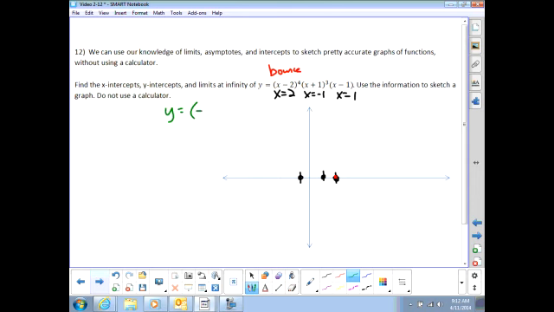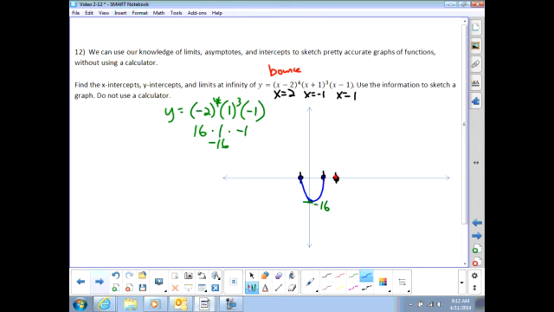When we put in 0 for x, we'll have -2 to the 4th, 1 to the 3rd, and -1. -2 to the 4th will give us 16 times 1 times -1, so we'll get -16 for our y. So we know that we must pass through -16. So that means our graph must go down like this.